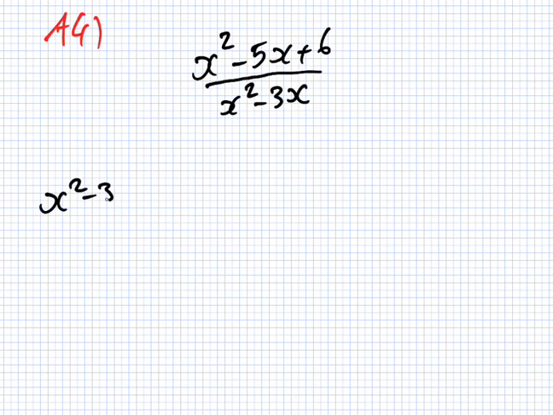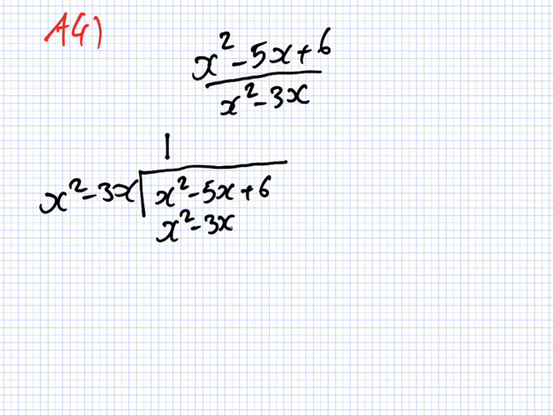X squared minus 3x divided into x squared minus 5x plus 6. So what number do I need first? 1, isn't it? And I get x squared minus 3x. If I subtract, minus 5x minus 3x is minus 2x, and 6 minus nothing is 6.